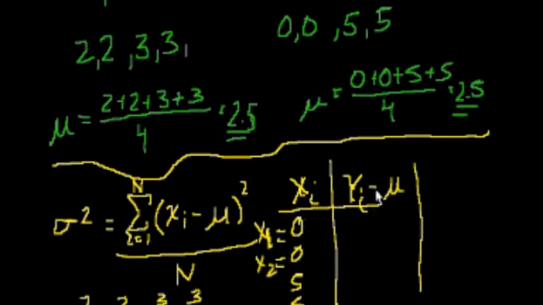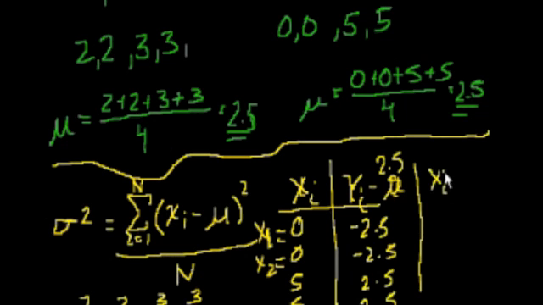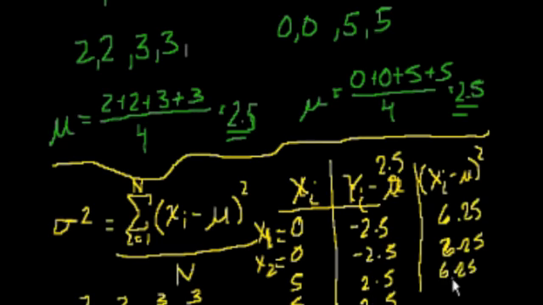And then each of these numbers minus the mean, which is 2.5: 0 minus 2.5 is minus 2.5, 0 minus 2.5 is minus 2.5, 5 minus 2.5 is 2.5, 5 minus 2.5 is 2.5. Now if you took x sub i minus the mean, squared, 2.5 squared is what? 6.25, and it becomes positive. So 6.25, 6.25, 6.25, 6.25.